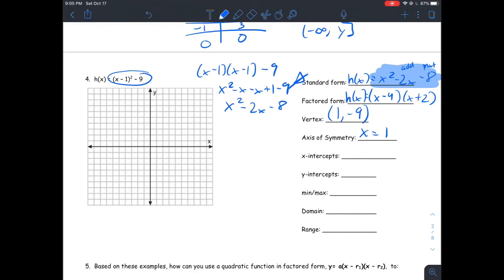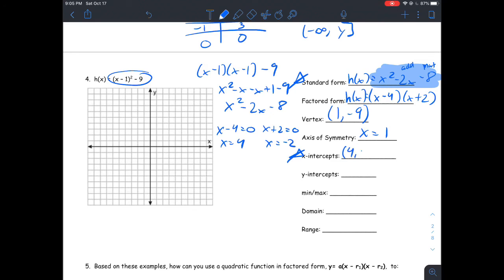Now I want you to tell me what the y-intercepts would be. Or I'm sorry, what the x-intercepts would be. The x-intercepts we're going to get by setting the factored form equal to 0. We get x equals 4 and x equals negative 2.